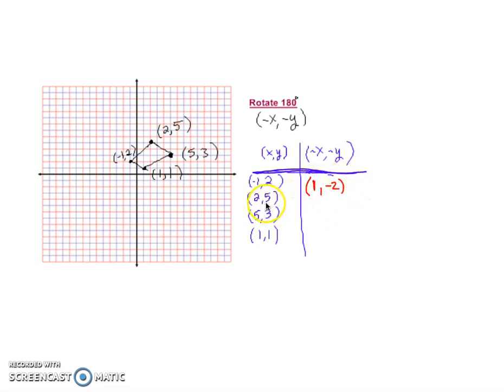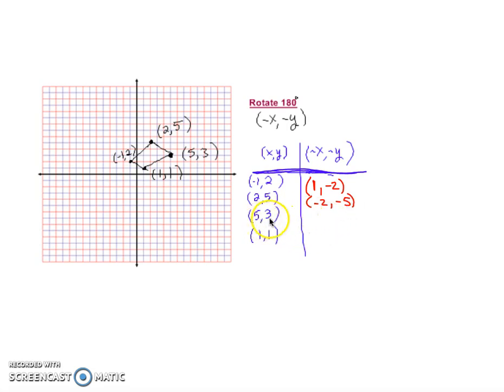Okay, my next one is (2, 5), and the opposite of 2 is -2, and the opposite of 5 is -5. So we're going to have that as our next one.